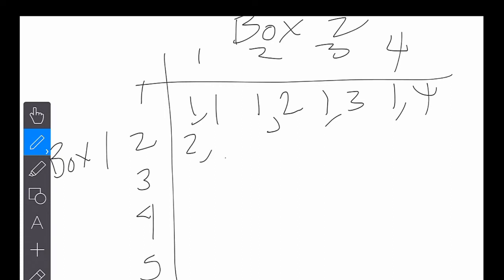Continue. The first box outcome is 2, and the second box outcome is 1, and then 2, 2, and then 2, 3. So fill this all in. 2, 4. Don't do this rudimentarily, or blindly, or fall asleep doing this. Really think about what's going on and what's not going on.